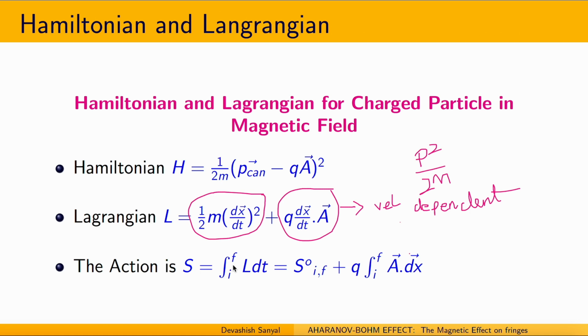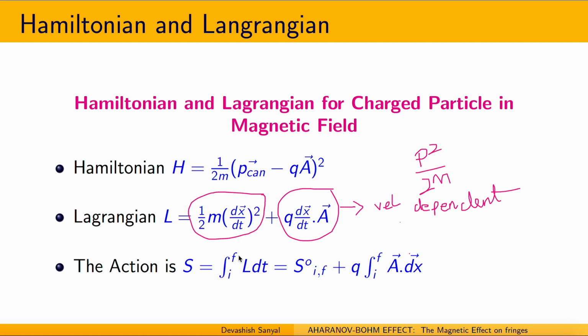So we know the coordinates at the initial and final positions, and the path, and this integral is calculated along a particular path. So this is path dependent. If you choose a different path, then my action will come out to be a different quantity.